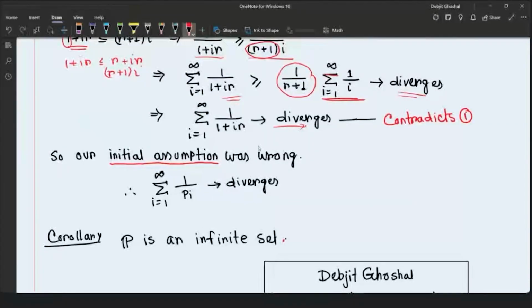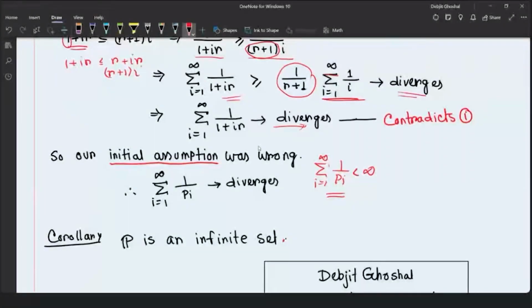It means that our initial assumption was wrong. So, what was our initial assumption? Our initial assumption was that this series is convergent. But by assuming this, we arrived at a contradiction. This means our assumption was wrong.